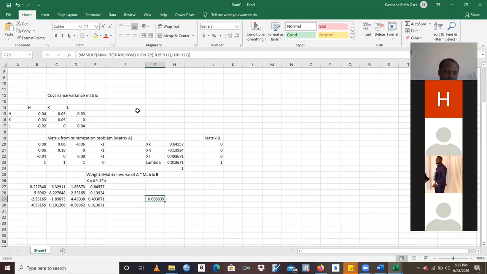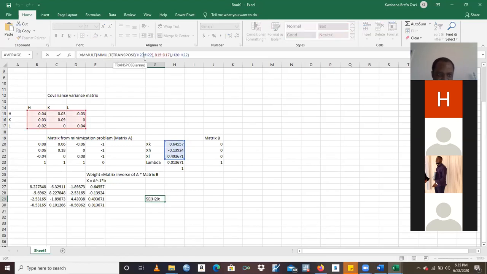It's okay. So this is the command matrix multiply. Then you bracket, matrix multiply transpose. When I say transpose, what I mean is transpose this one. You know the weights. You see A20 to A22, which is this one. Because if you are looking for the variance, you always transpose it.